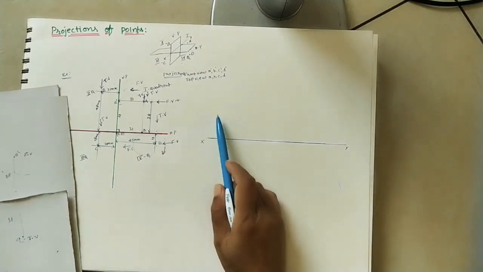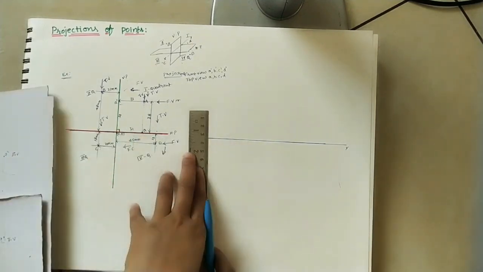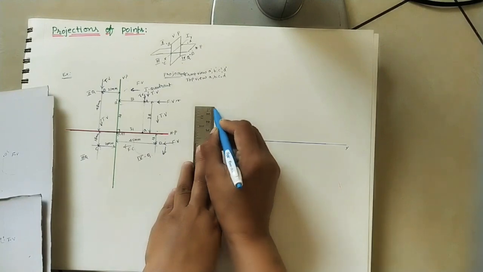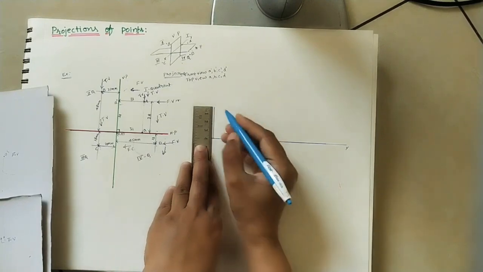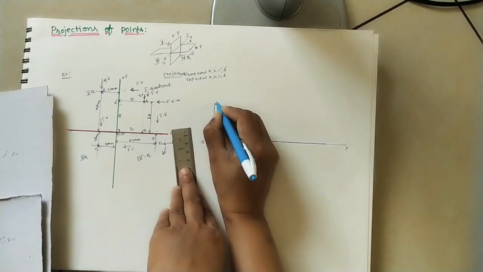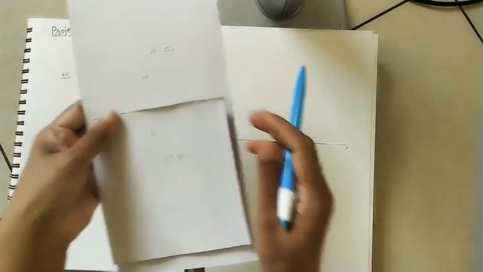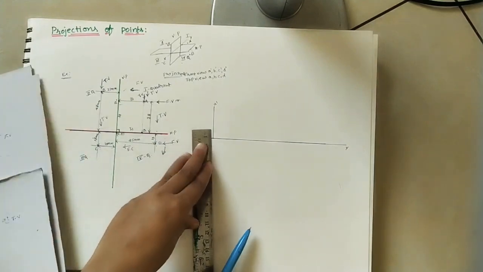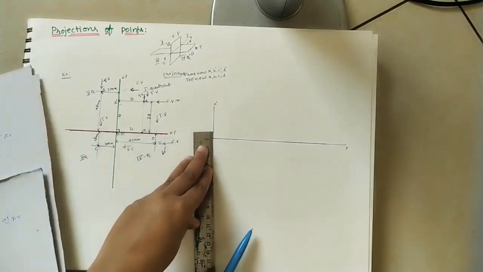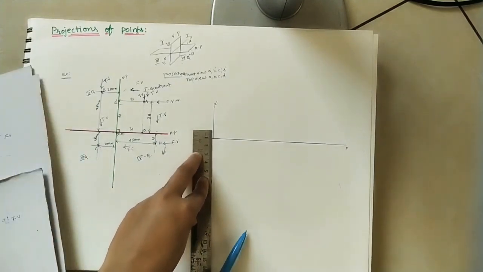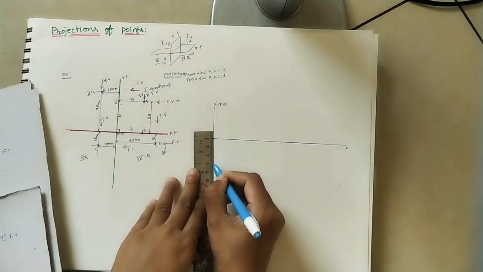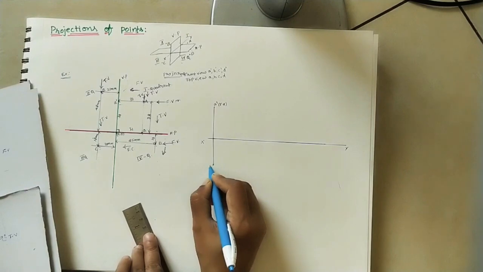I will start from here. So this is 38, and this is a dash. And then what about a? A is 31 mm below the XY line. So this is the point a.